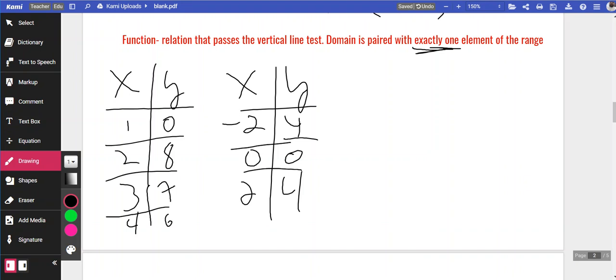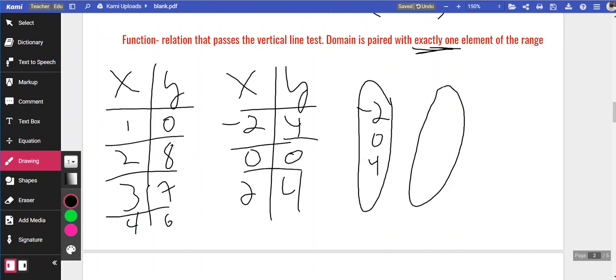Coming from a mapping standpoint, if I have something like -2, 0, 2, my output values are 0 and 4. -2 goes to 4, 0 goes to 0, and 2 goes to 4. You can see that each domain element is paired with exactly one element. So my x is 1, and it goes to 1. I can't pick two different ones.